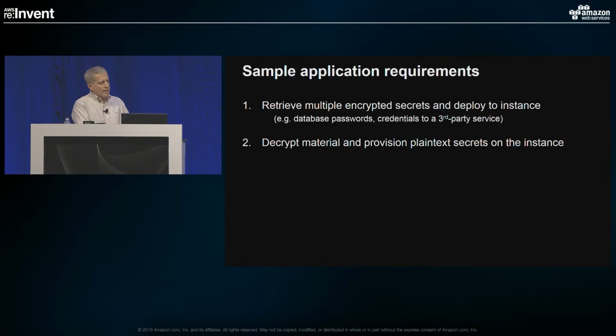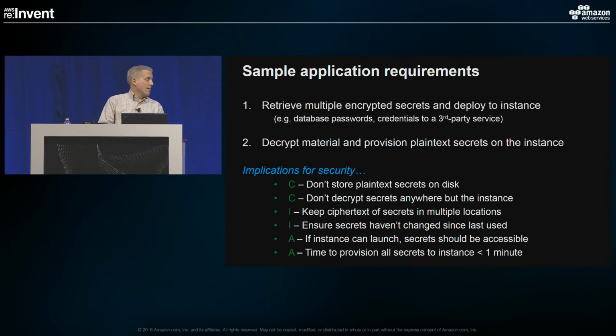From a CIA standpoint, in terms of confidentiality, integrity, and availability, I'm going to assert a relatively simple set of requirements. First of all, your secrets can't be stored in plain text anywhere.